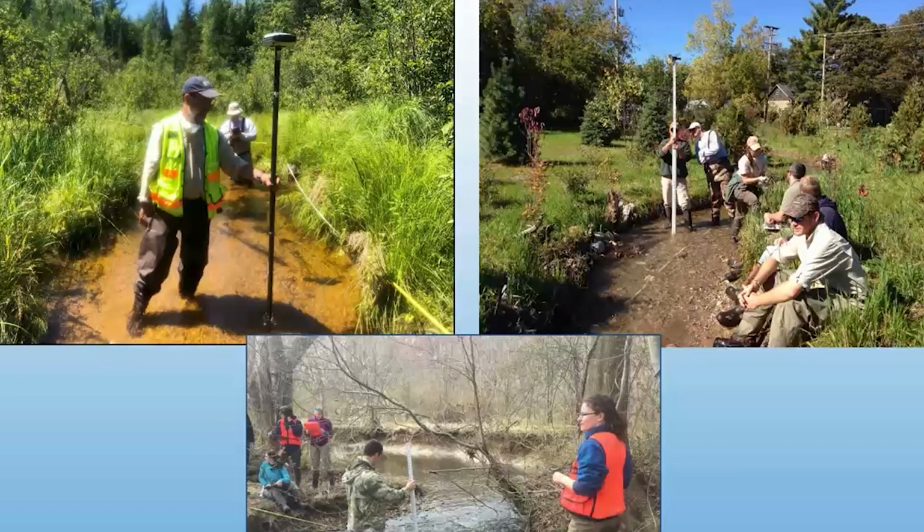And there are different scenarios under which you would do rapid assessments versus detailed assessments. These are pictures of a detailed assessment where you're bringing surveying equipment out and you are surveying a longitudinal profile that you can use to make these calculations. And in the rapid method, you would just bring survey rods, tapes, hand levels, line levels, and you would more rapidly make these measurements.